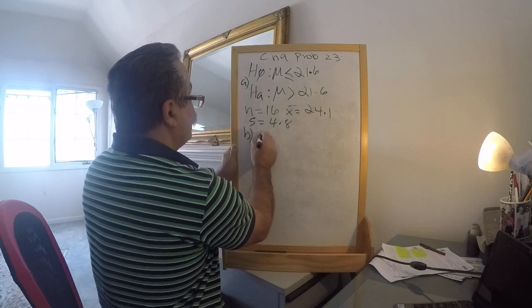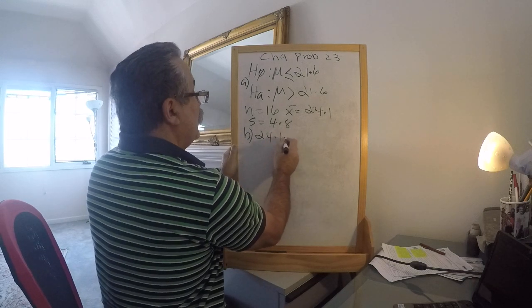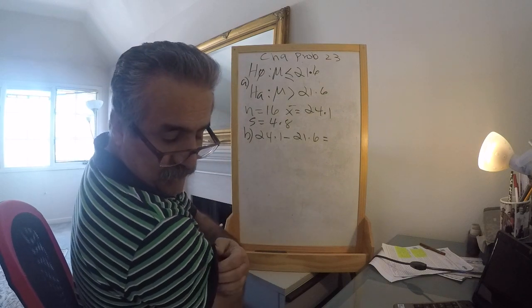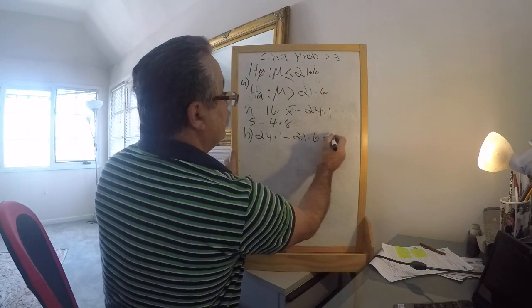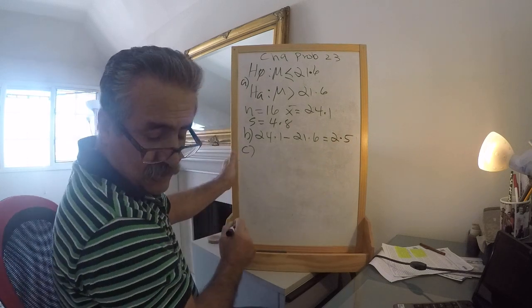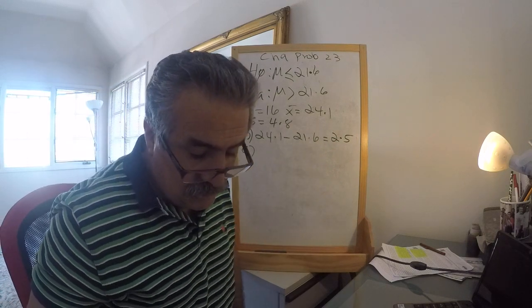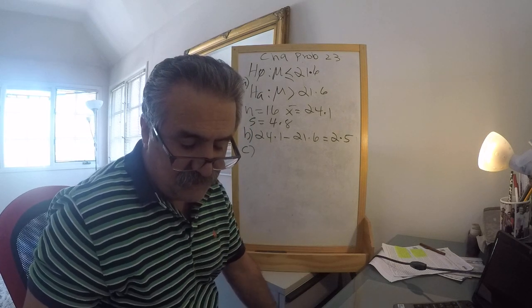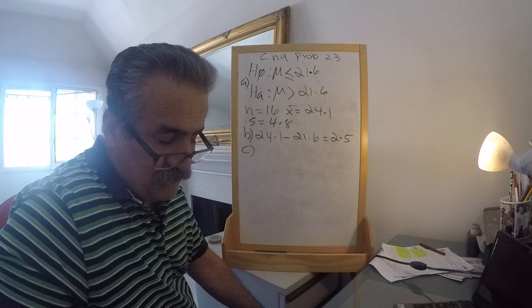So that's going to be 24.1 minus 21.6, that's going to be 2.5 gallons. For part C, at alpha equal to 0.05, test for significant difference. What is your conclusion?